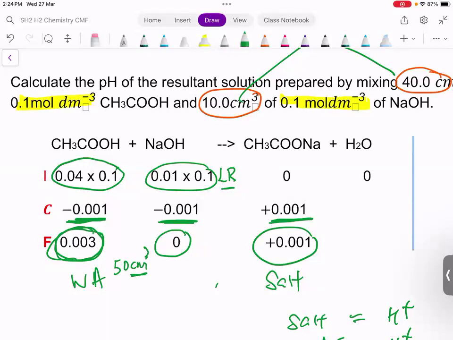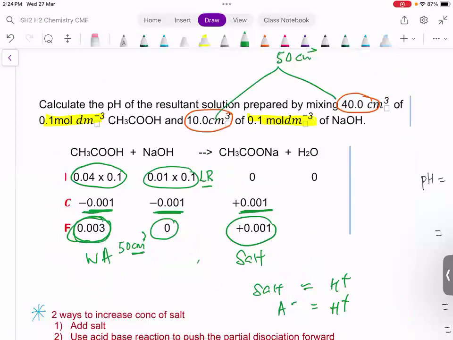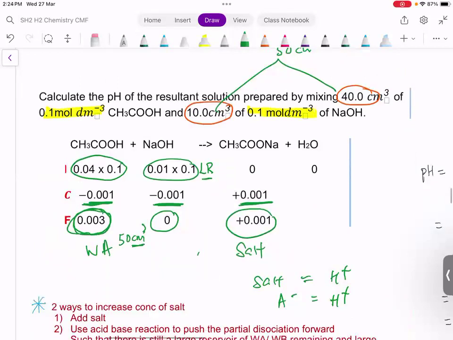Divide by this volume, times 1000. Because your concentration is always mole per dm cube. So you divide by 50 to get mole in 1 cm cube. Okay. All right, any other question about this?